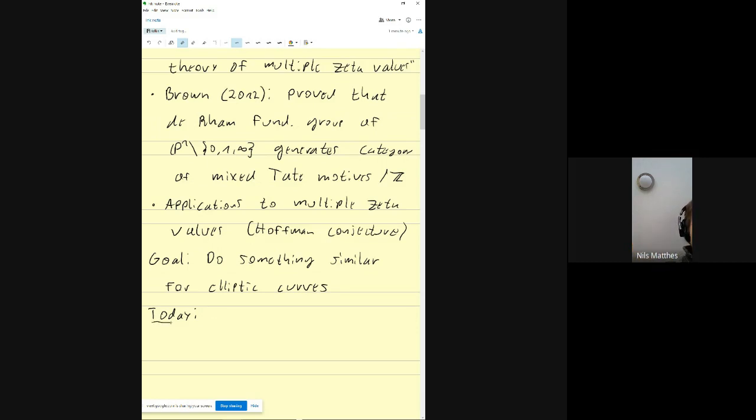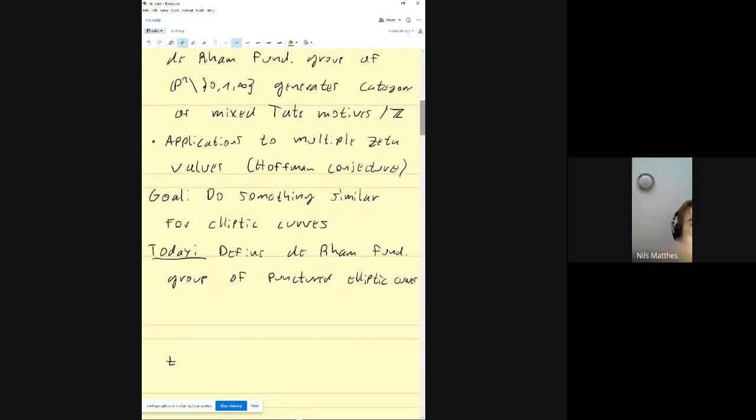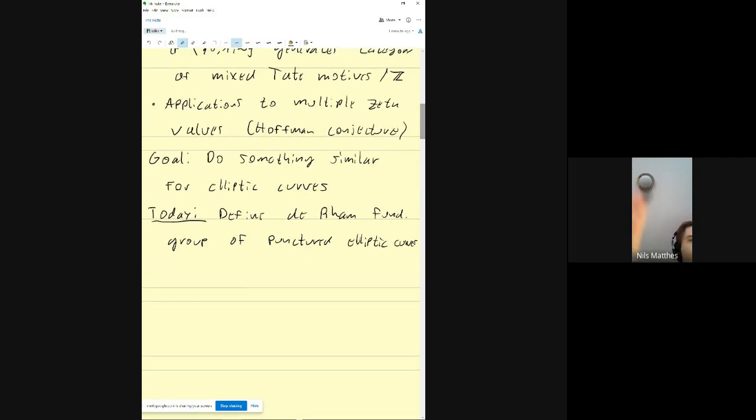So today is just going to be to define the de Rham fundamental group of once-punctured elliptic curves. So I will not mention motives at all. And I'm afraid there also will be no periods really appearing. But maybe I come back to this at the end.